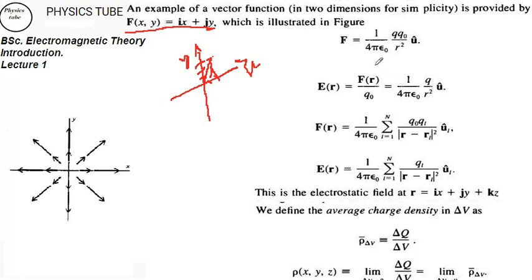Now why am I saying this? Because this constant we are taking for 3 dimensions, because 4 pi represents 3 dimensions. So this is my typical Coulomb's law, and when you take this q naught down, that means when this force, see I have written here F(r), meaning function of r. Of course the electric field is a function of r.